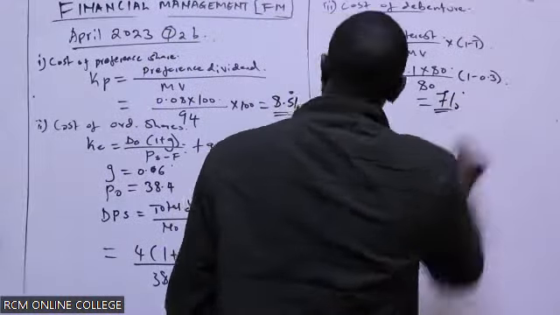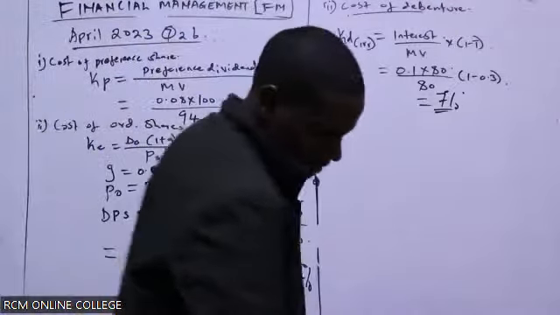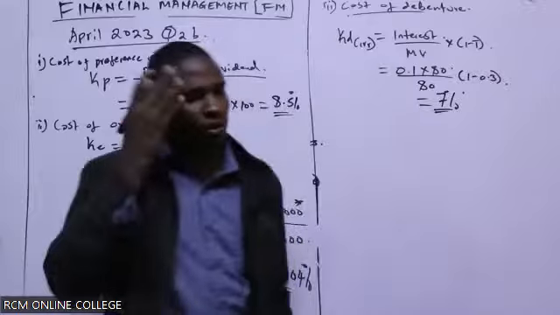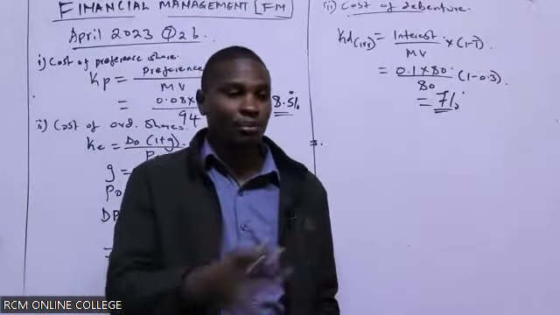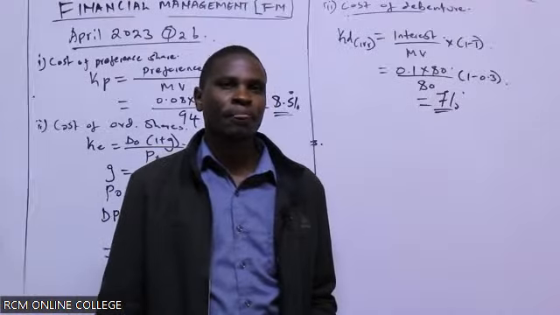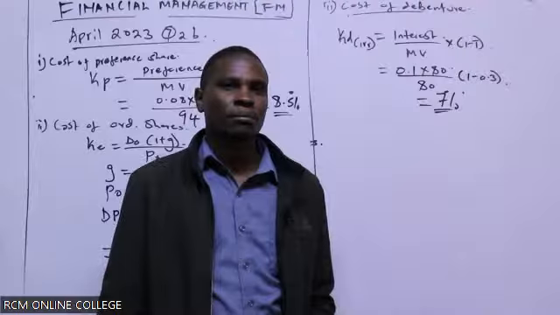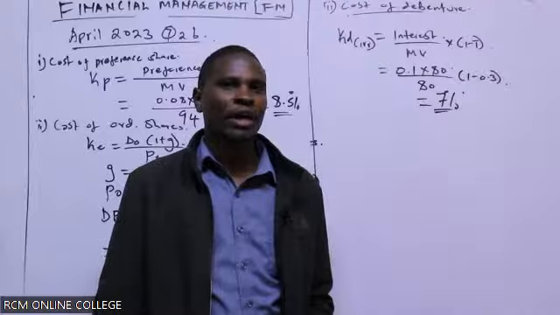Now I have my cost of the 3. Why didn't I look at the cost of retained earning and it is provided? Cost of retained earning, bona.